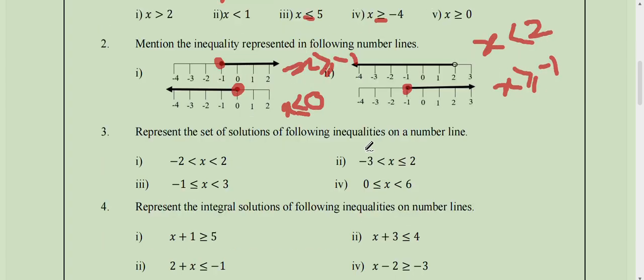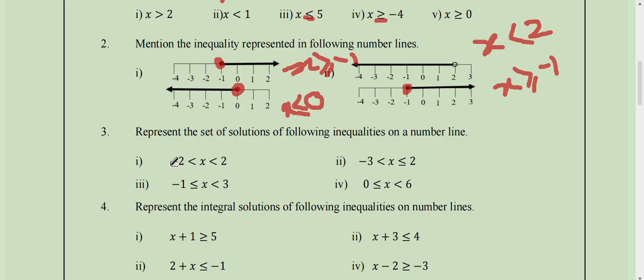Okay, now I would like to move to the third question: represent the set of solutions of the following inequalities on the number line. How do we solve a problem like this? Firstly, you should split the problem.